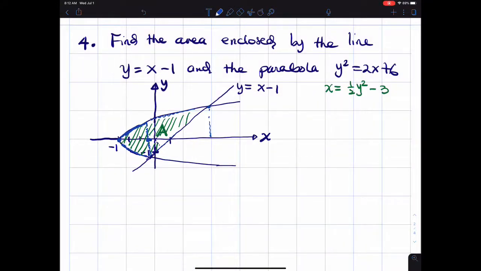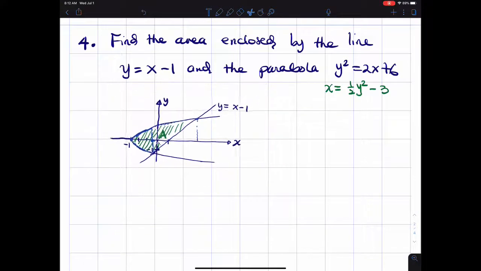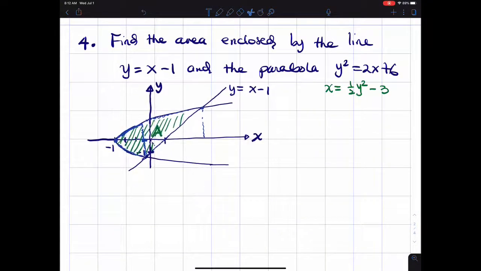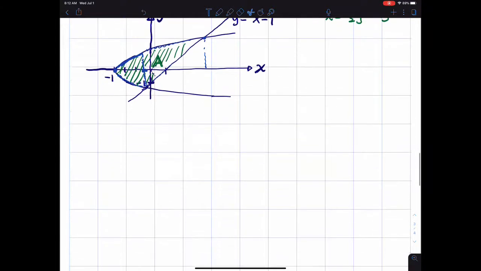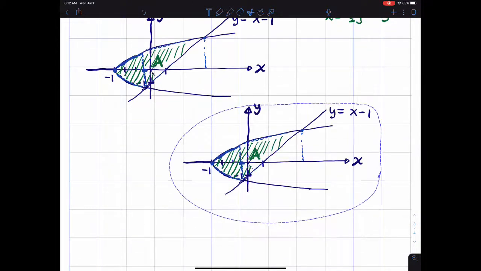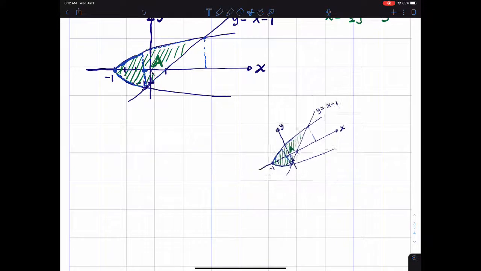Alternatively, what we can do is flip this graph. I'm going to copy it and paste it over here to show you what I mean.